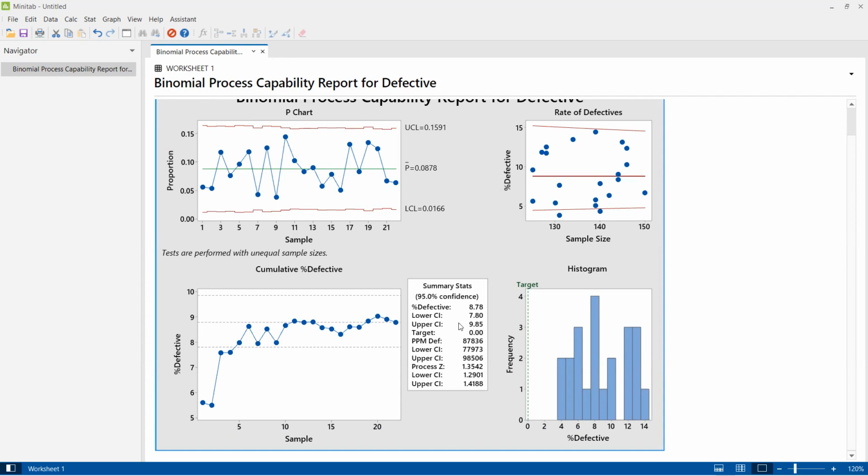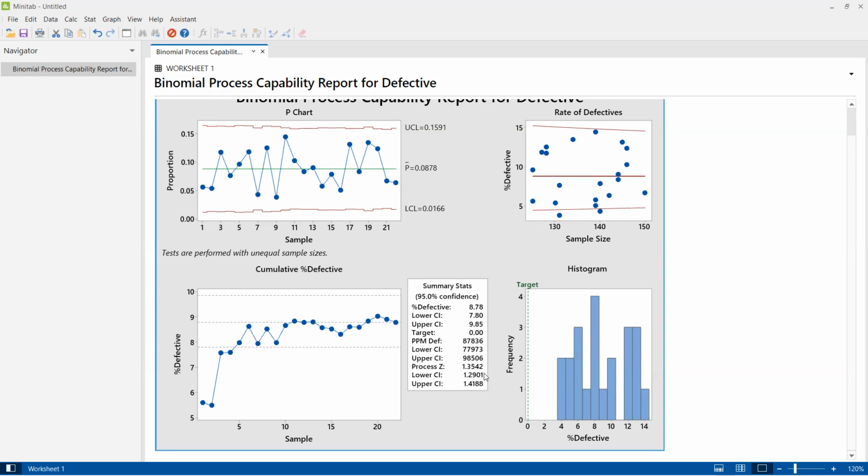You can convert this into parts per million. 8.78% multiplied by 10 to the power 6 gives approximately 87,836 DPM. The 7.80% converts to around 77,973, and 9.85% multiplied by 10 to the power 6 gives 98,506.